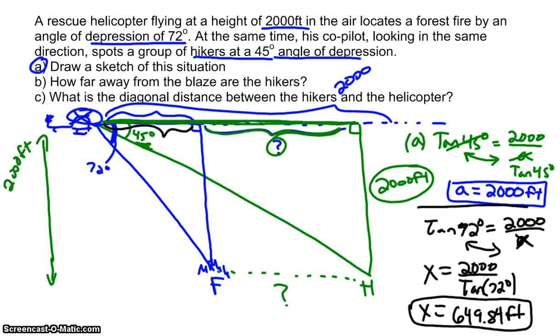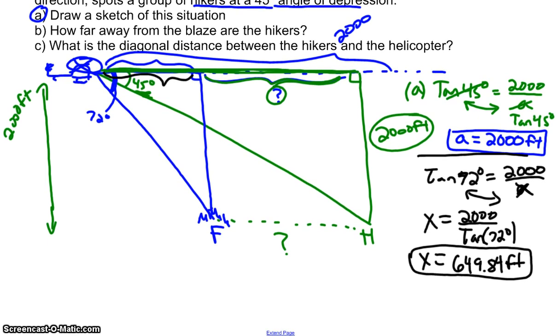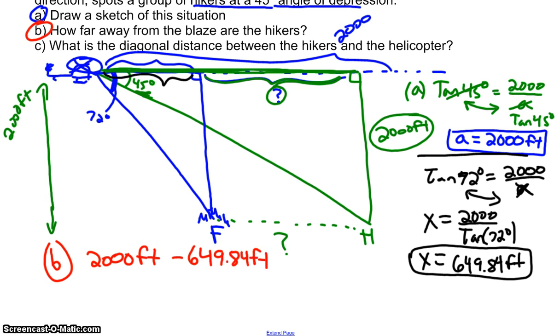Now, do we have enough to answer the question at hand, which was how far away? So B, the question was how far away are the blaze and the hikers? Well, the blaze's total distance is 2,000 feet. So we're going to take 2,000 feet and we're going to subtract from it the distance that the hikers are, which is 649.84 feet.